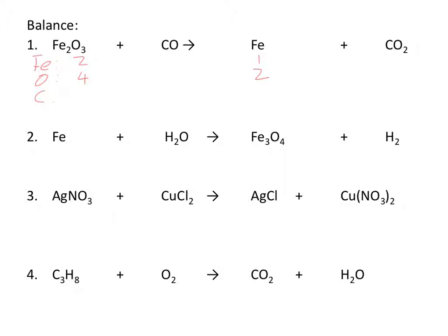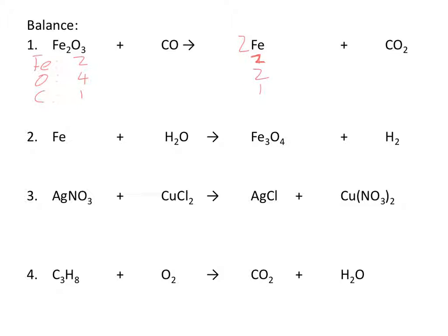And the carbon atoms, we've got 1 here and 1 on the right. So it appears that it should be quite easy to sort the irons. Let's put a 2 here, and that means we've got 2 irons and 2 on the left hand side, so they're sorted. The oxygens, 4 and 2.